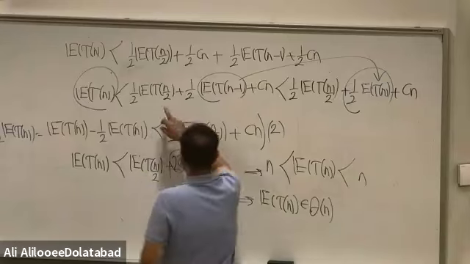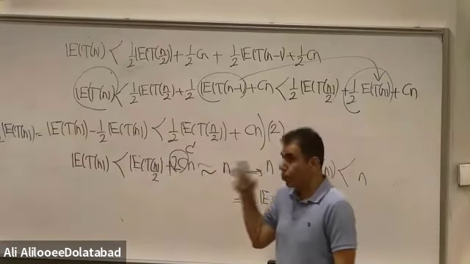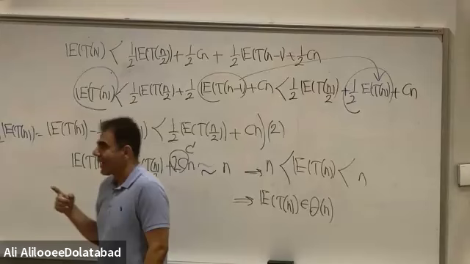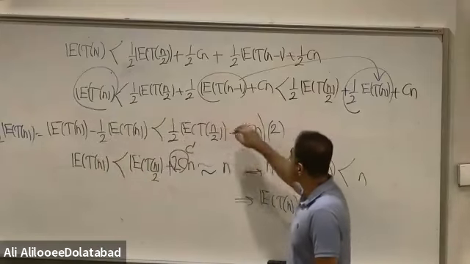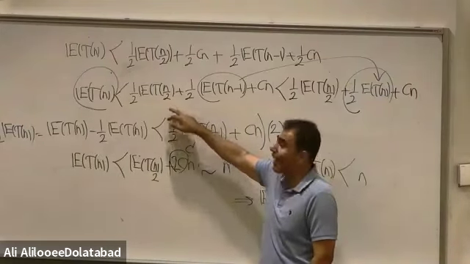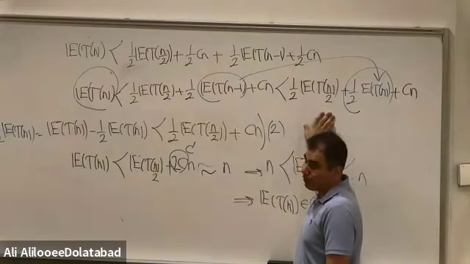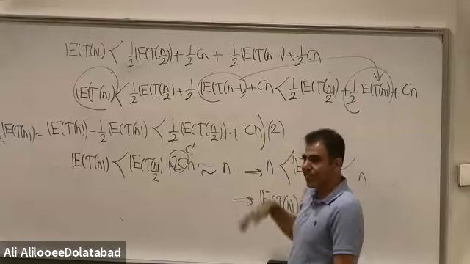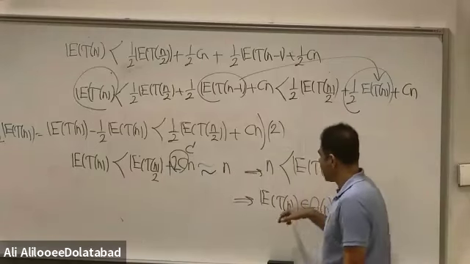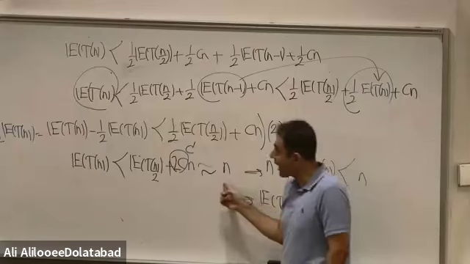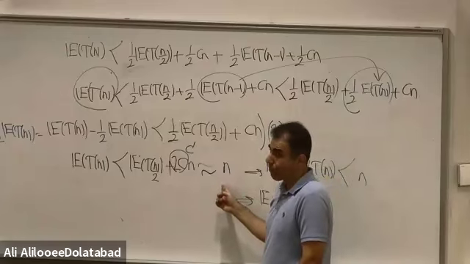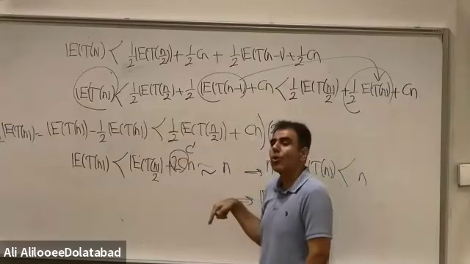So mathematically, there are two questions here. Number one, can we replace E of T of n over 2 with E of T of n and write this stuff? Yes. Is it helpful? We should see. When I say helpful, it means: why was this helpful? Because I got an upper bound which is the same as the lower bound.